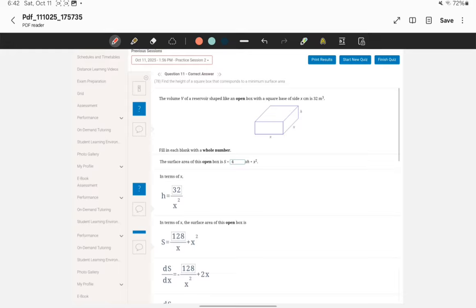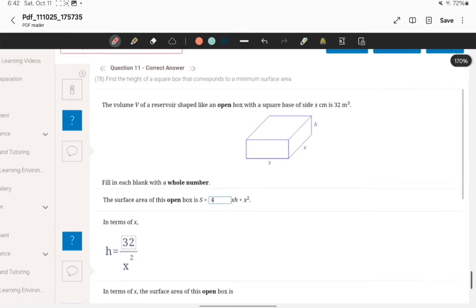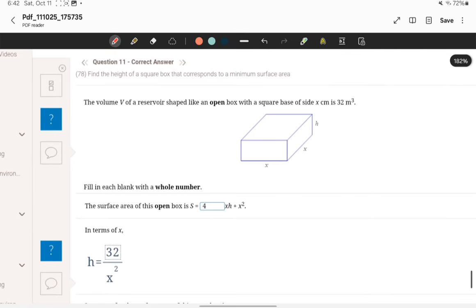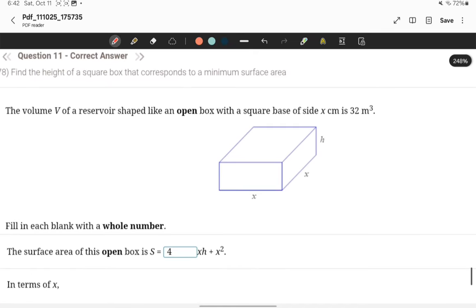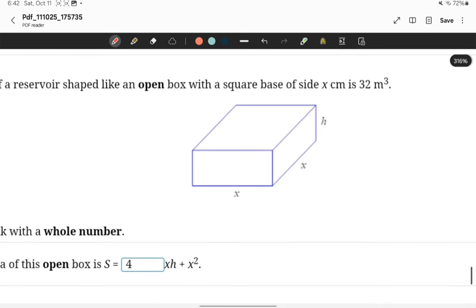Okay, number 11. The volume V of a reservoir shaped like an open box with a square base of side x is 32. The first part, they want the surface area of this box. They said open box, right? So an open box means that there's no top to it. So they want the surface area of a box that doesn't have a top. You don't need to memorize anything. Just know that the box is base times height, right? So it's going to be this base, the bottom, which is what?